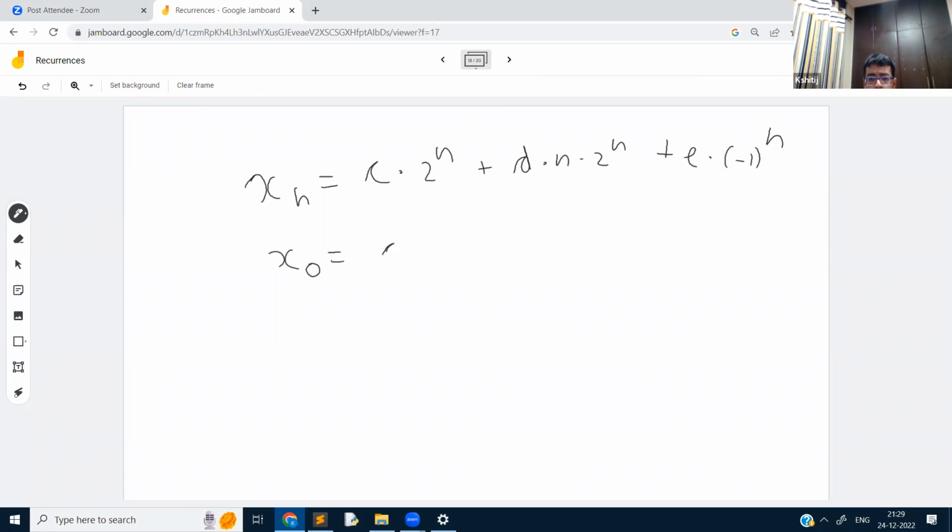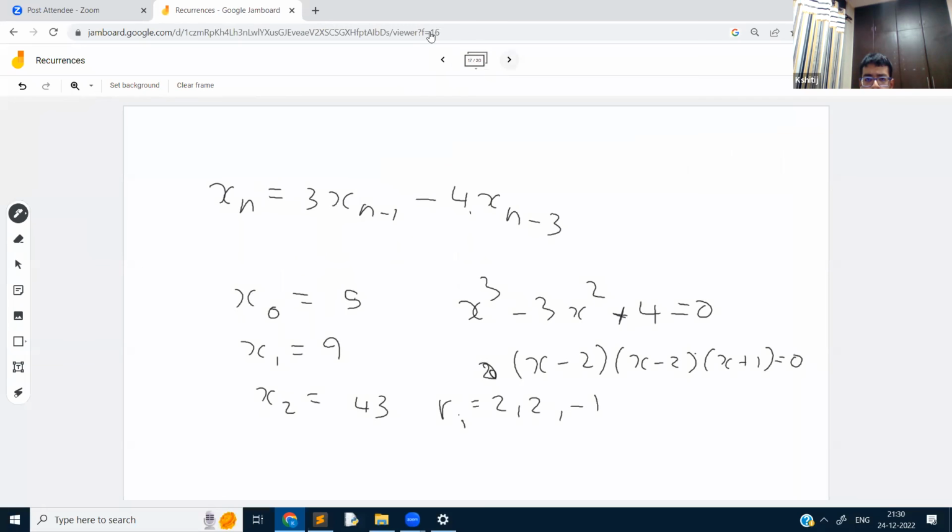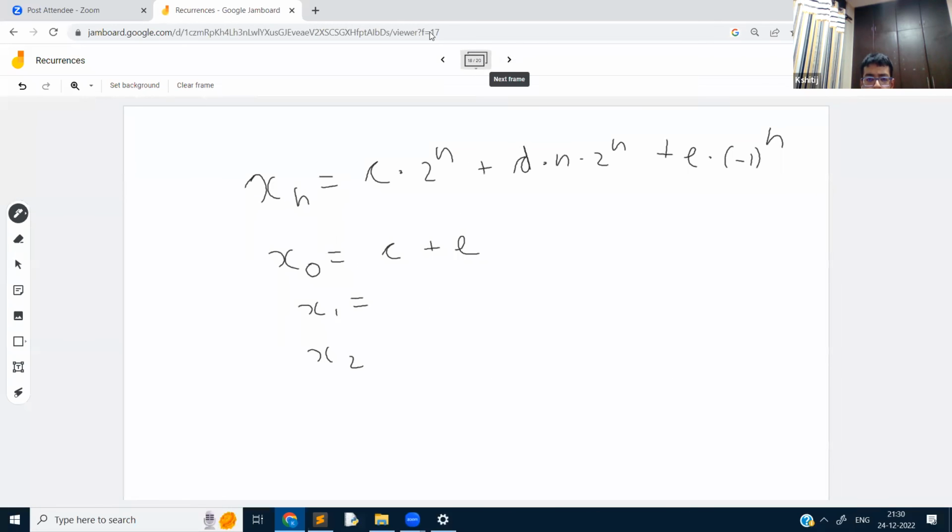x0 equal to c plus e, and x1 and so on we can write. I won't solve these equations right now, but there's a solution to these obviously. Wait, I should solve them.